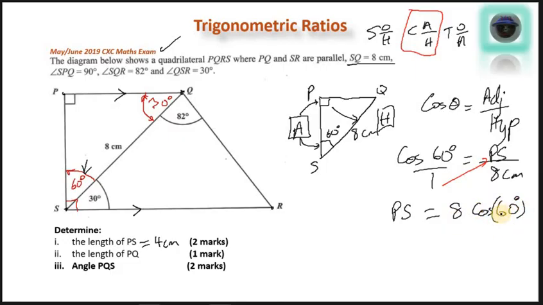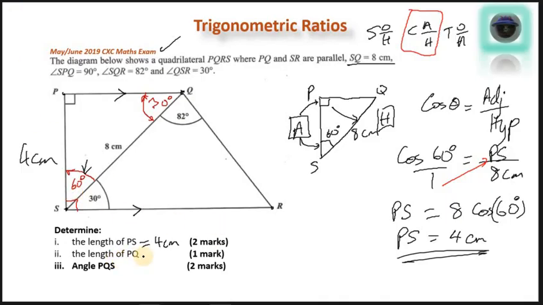Using a calculator, you can just write it like this, 8 cosine 60. And this will give us 8 cosine of 60 is actually a half. Just like sine of 30 is a half, cosine of 60 is also a half. That's a half of 8, which is 4 centimeters. Using the calculator, you realize we get the same. So we got the same answer of 4 centimeters.